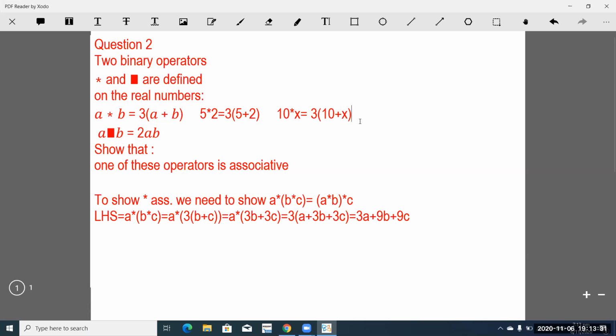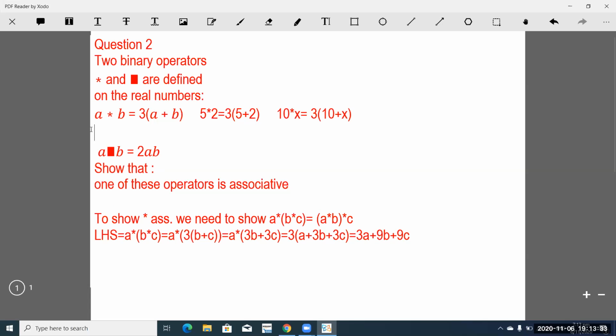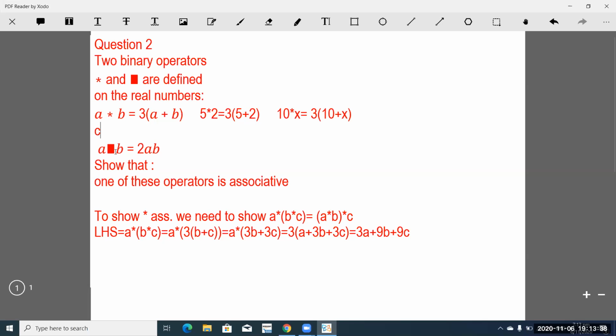So what I'm telling you pretty much is any number they give you to work out, let's say you're working out C star E. What would be C star E? It'd be 3 bracket C plus E. C plus E, very good.